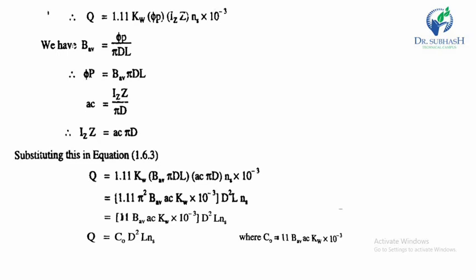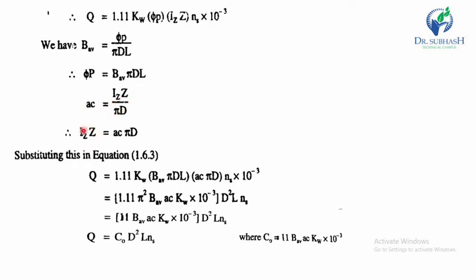Now here we see the flux density BAV, which is equal to P phi by phi dl. We have already discussed, so P phi is equal to BAV into phi dl. Then for the electrical loading, we already discussed, AC is equal to IZ into Z by phi d.